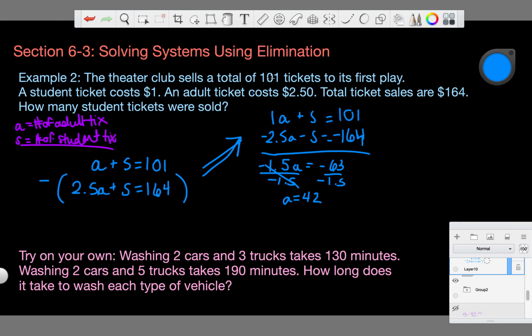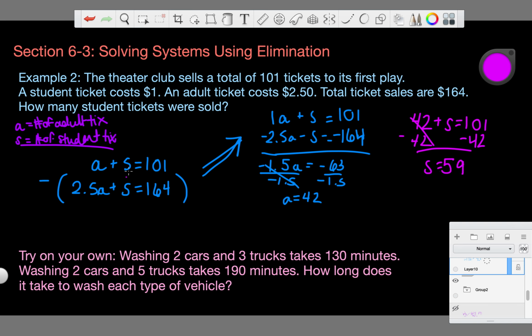That means out of the 101 tickets that were sold, 42 of them were adult tickets. If we want to find out how many student tickets there were, I'm going to take this first equation and plug in how many adult tickets we had. Leave the student tickets blank because that's what we're trying to find. And we know the total is 101. So if we take away 42, we're left with the number of student tickets being 59.